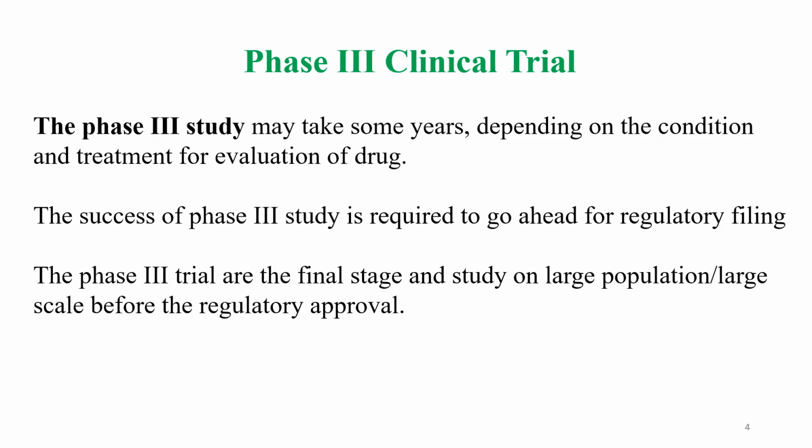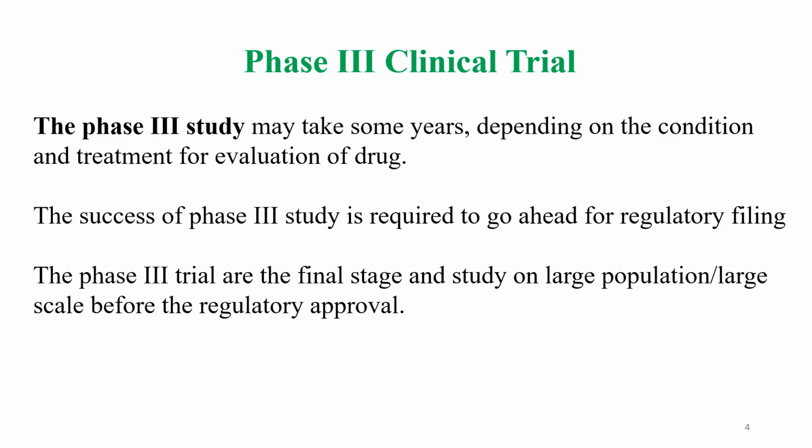Always understand that phase 3 clinical trials are the pivotal type of trials, and these are performed in a larger group of subjects. The phase 3 trials are the final stage of study on the large population or large scale before the regulatory approval.